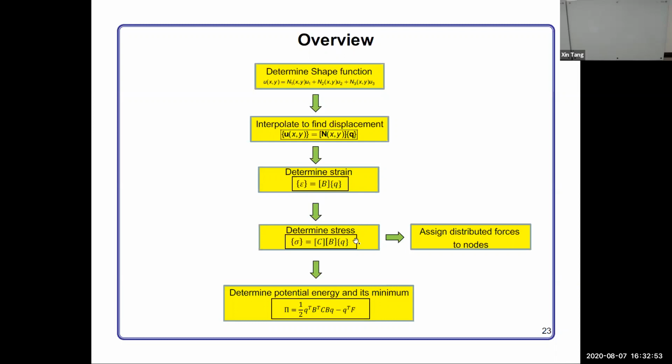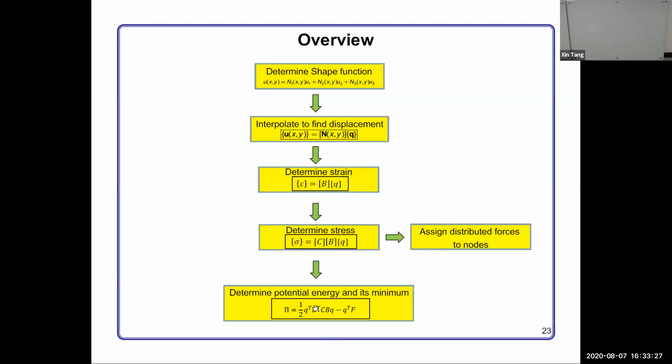For the force, since all the forces are applied on the nodes, in the case that the forces are not on the nodes, the boundary conditions are distributed forces either on the surface or in the body. We also discussed how to assign those distributed forces to the nodes to enhance our matrix calculation. Then we talked about the definition of potential energy, which has two terms.